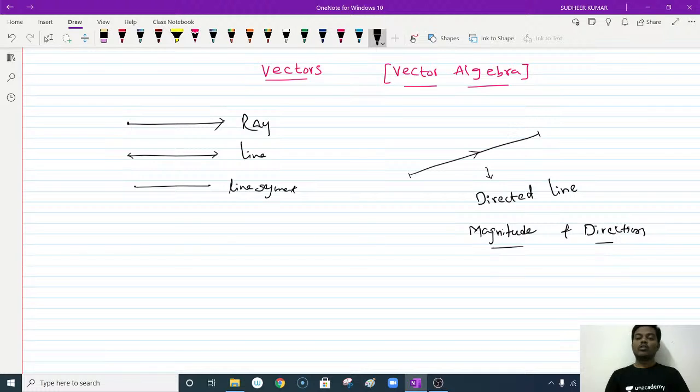So here we should recall the concepts. What is a vector and what is a scalar?